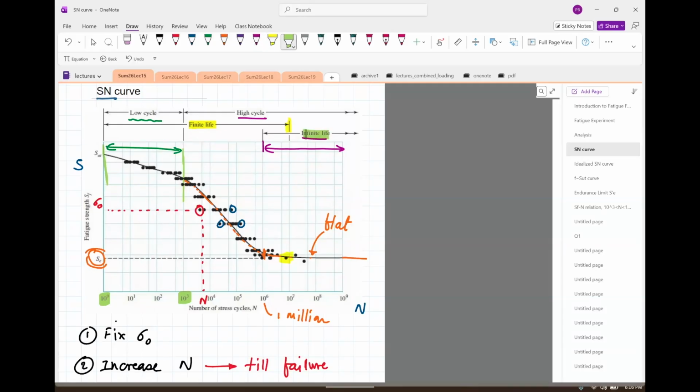There's infinite life here, there's finite life, and you can see that there's this hazy boundary where we could say it's sort of finite or infinite life. It's questionable, but for all practical purposes, we assume that finite life is up to 10 raised to 6, and after 10 raised to 6 is infinite life. So we can assume that this finite life ends approximately here, and then here we have infinite life.